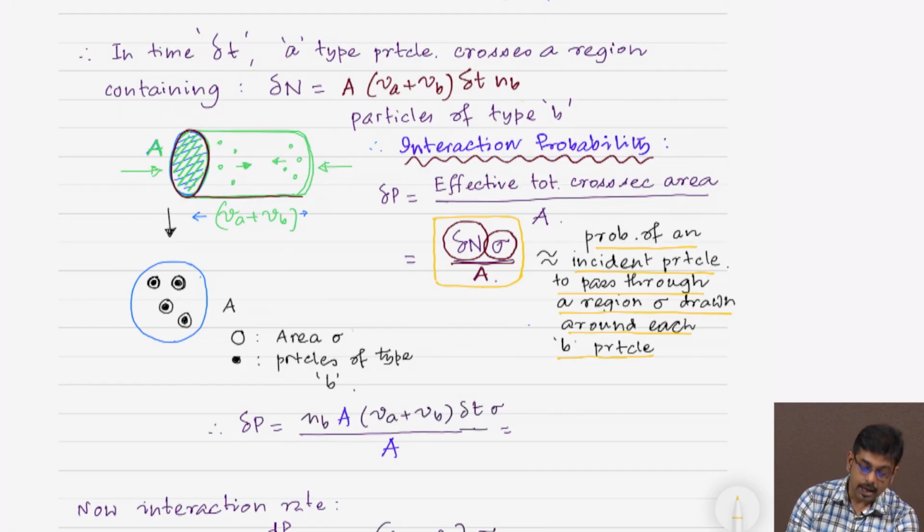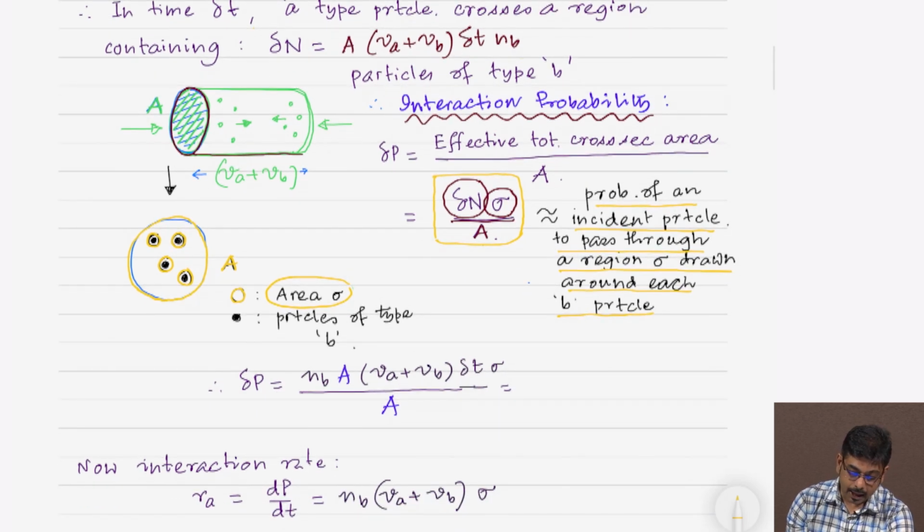So, basically you can imagine that this sigma, the cross section, is nothing but this kind of hollow region which you are drawing around each of these B type of particles, within this area A. What I am now drawing is the area A, this hollow one is defined by area sigma, and this thick dot defines the particles of type B.